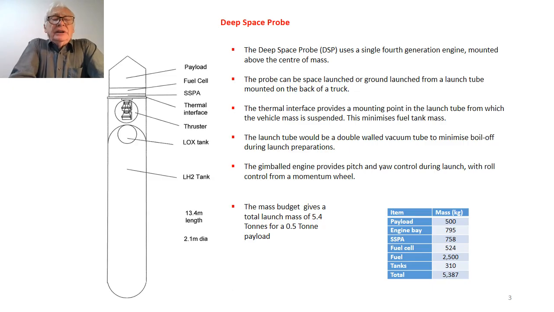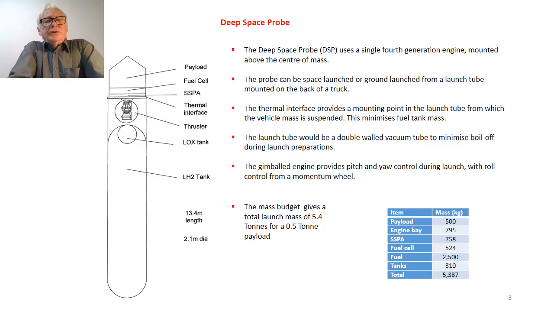and essentially the launch itself is absolutely straightforward. You simply switch on the thruster, the thrust will build up, and the vehicle itself will simply lift gently out of the launch tube under control of the thruster itself, because it's mounted in two-axis gimbals.